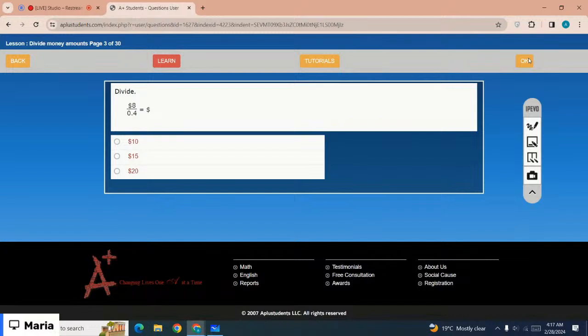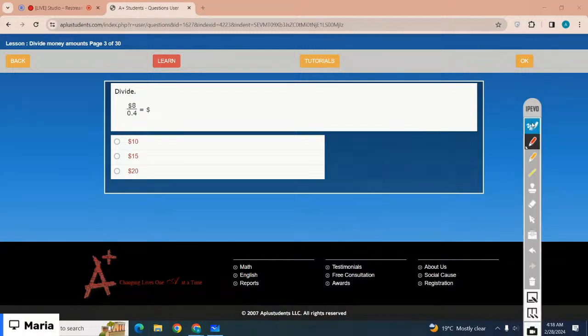The next one is 8 divided by 0.4. Which is the correct option? That is 8 divided by 0.4, right? 4 times 2 is 8.